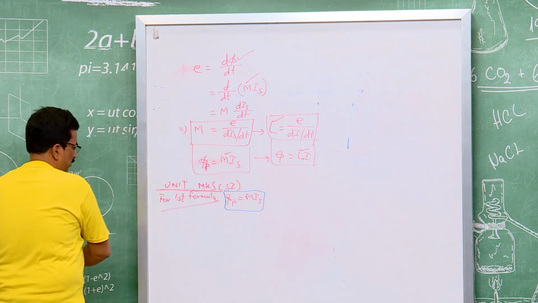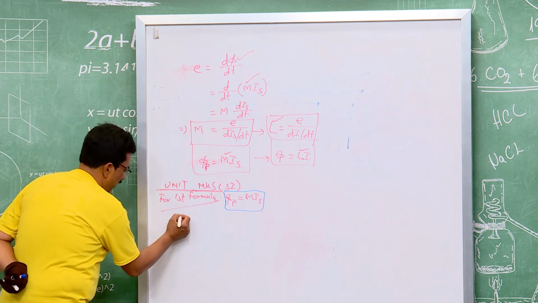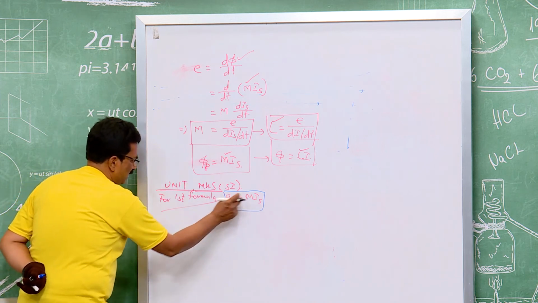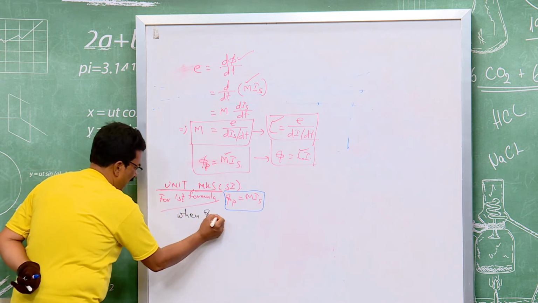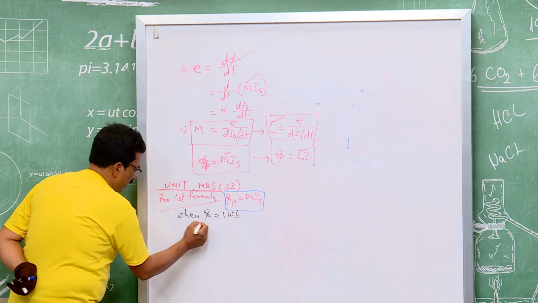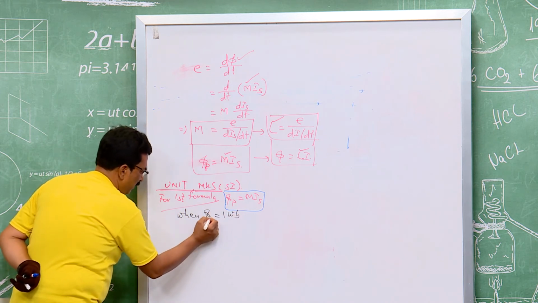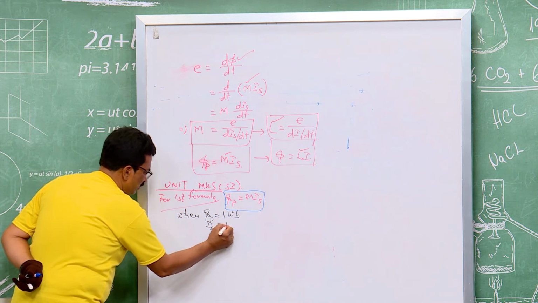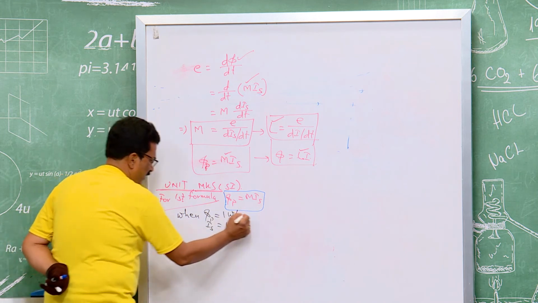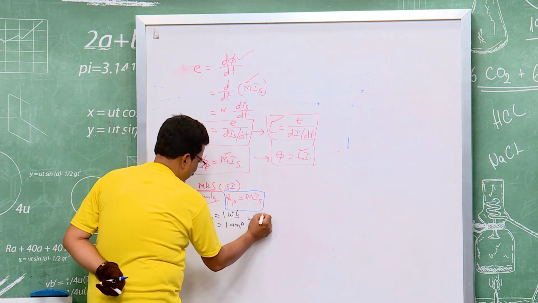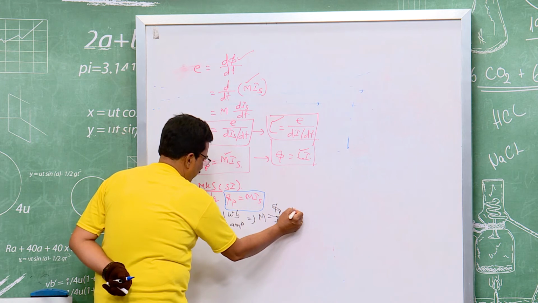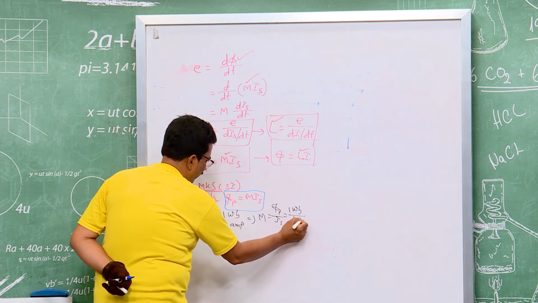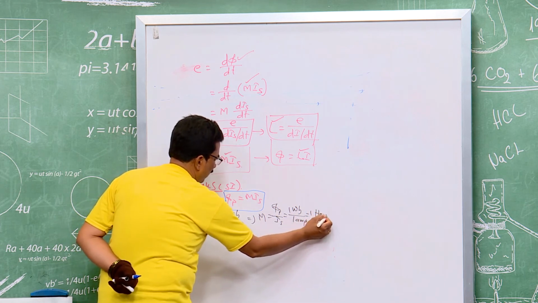If phi p is equal to MIs, then for the mathematical expression, phi p is equal to MIs means when phi p is equal to 1 Weber and Is is equal to 1 ampere, implies M is equal to phi p by Is, means 1 Weber by 1 ampere, that is equal to 1 Henry.